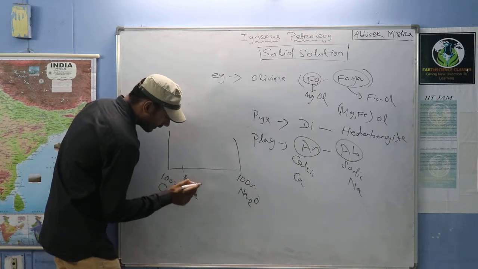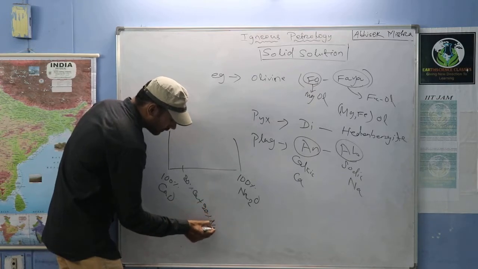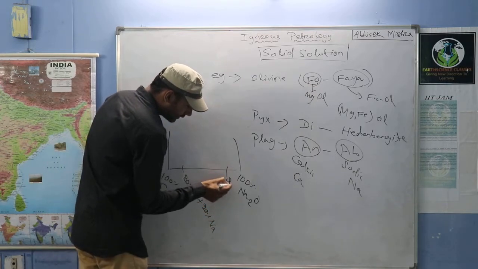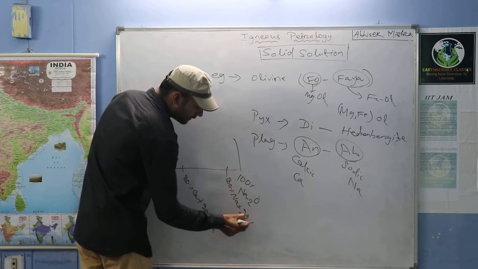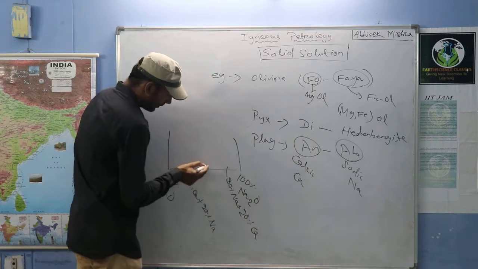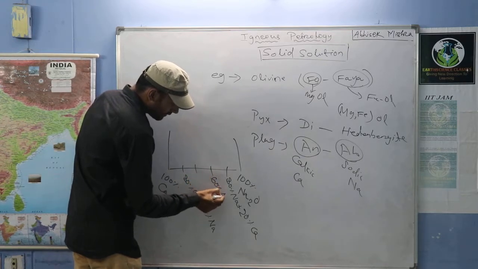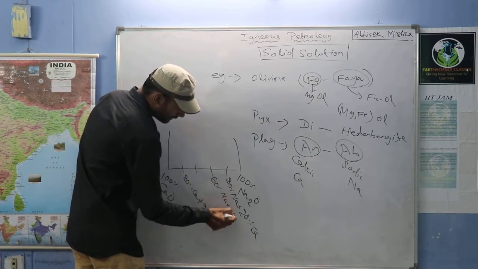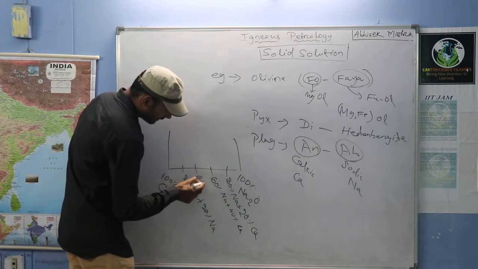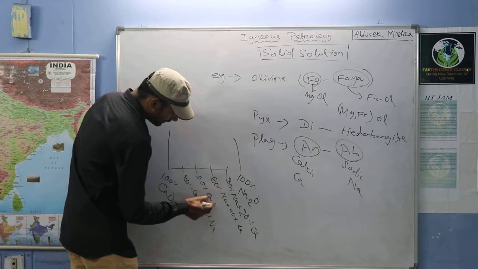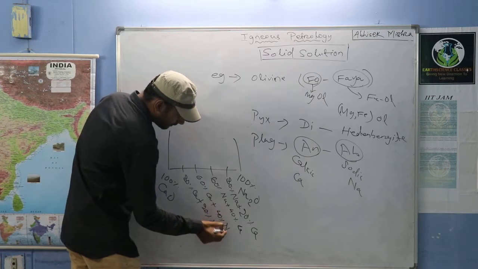In between we can get 80% calcium plus 20% sodium. Similarly here we can get 80% sodium plus 20% calcium. In between also 60% sodium plus 40% calcium, and here 60% calcium plus 40% sodium, like that.